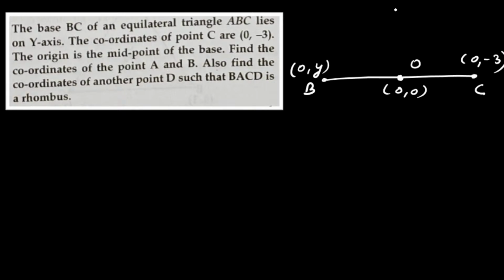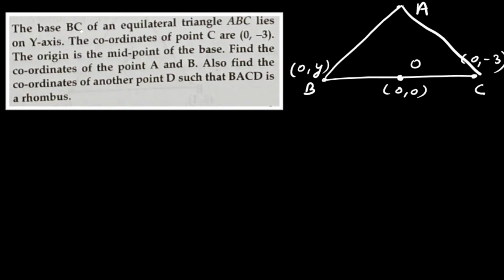If it is an equilateral triangle, point A will lie here. I'll just complete the triangle. So the base is lying on y-axis, and here point A will lie. We have to find the coordinates of A as well as B. See, B is also lying on y-axis only because it's mentioned that the base is BC.